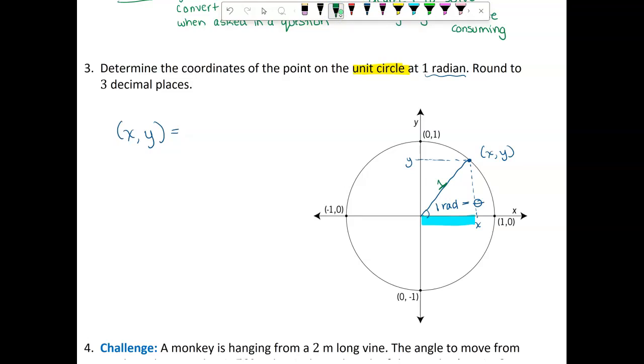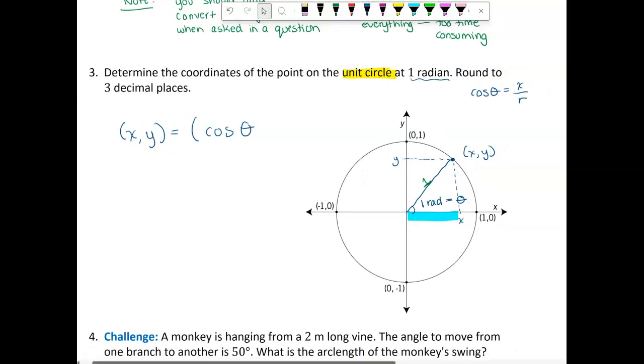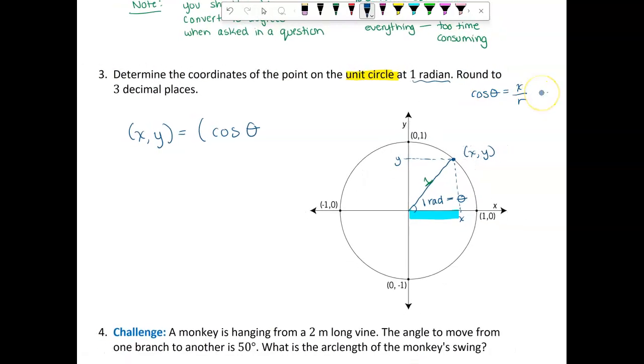So when we talk about an x value, it comes from looking at the cos of theta. Because if you remember, cos of theta is equal to the adjacent side, which is x, divided by the radius. In this case, the radius is 1, so we can consider x over 1, which is simply x, which is what we want in the coordinate.